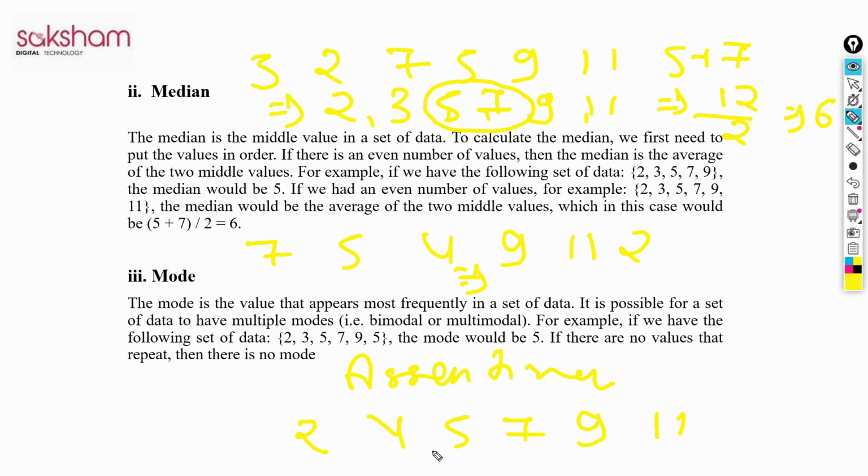We have six values, which is an even count, so we take the two middle values. Our answer is 5 plus 7 divided by 2, which is equal to 6. So our median is 6.